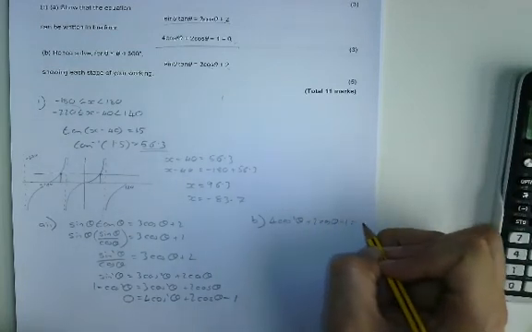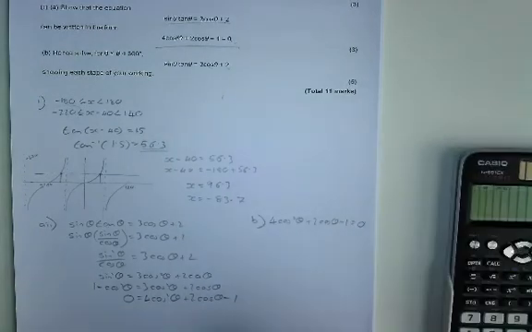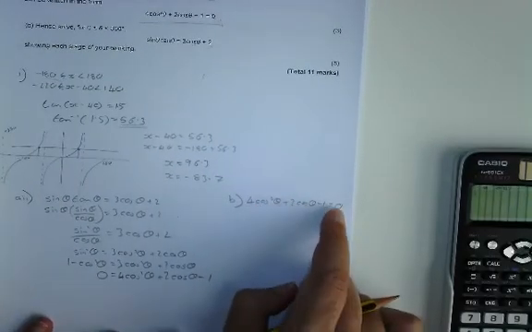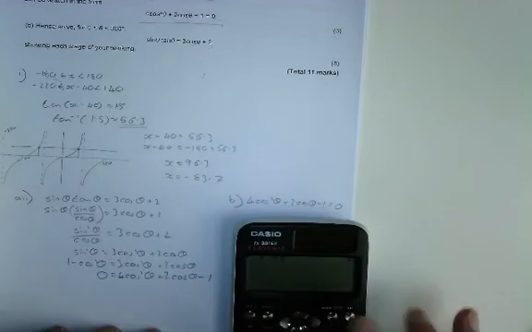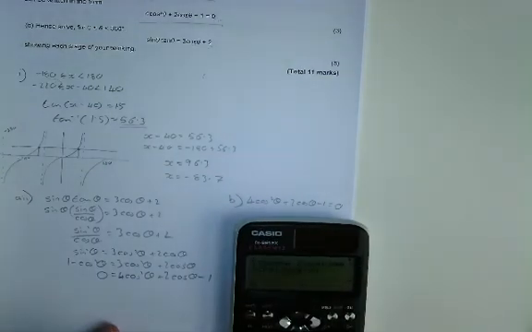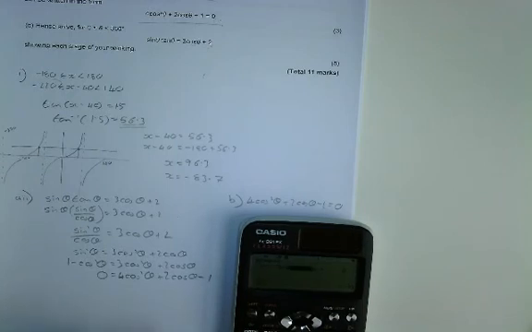Okay, so 4 cos squared theta plus 2 cos theta minus 1 equals 0. Right, it's quadratic, isn't it? ax squared plus bx plus c equals 0. So let's use the calculator to solve that, to get down to what our cos thetas are going to equal.